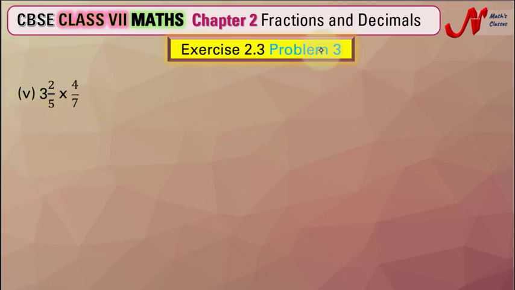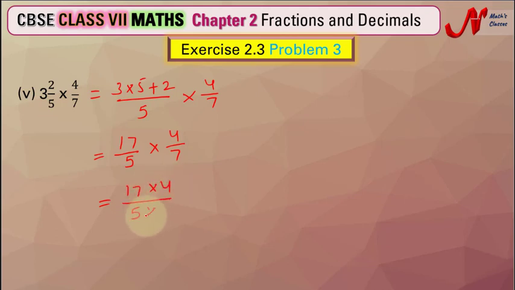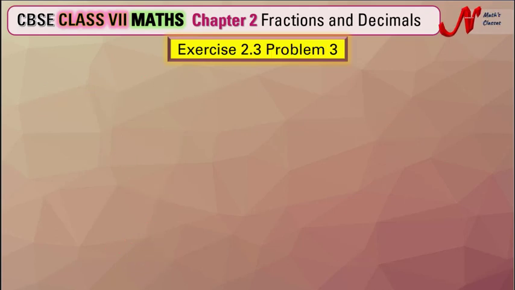Now we solve the fifth bit of problem 3. Here 3 2 by 5 into 4 by 7 is given, which can be written as (3 into 5 plus 2) divided by 5 into 4 by 7, which is equal to 3 5s are 15 plus 2 is 17, 17 by 5 into 4 by 7, which is equal to 17 into 4 divided by 5 into 7. Here 17 into 4: 4 7s are 28, 4 ones are 4 and 28 plus 4 is 32, so 68 by 5 7s are 35.